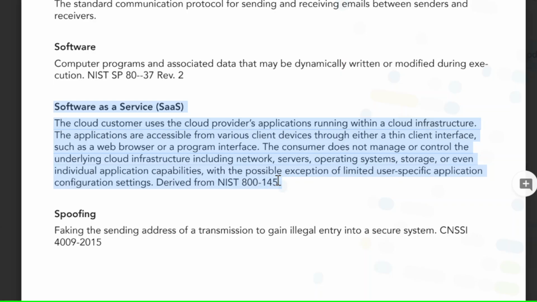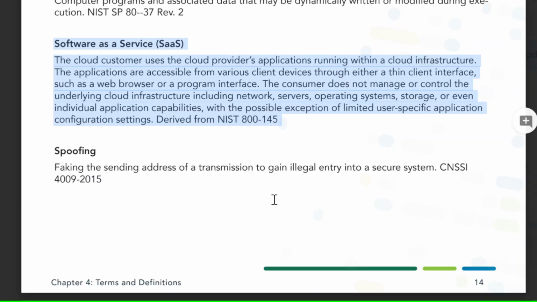The consumer doesn't manage or control the underlying cloud infrastructure, including network, servers, operating systems, storage, or even individual application capabilities, with the possible exception of limited user-specific application configuration settings. You can also refer to this NIST standard 800-145.